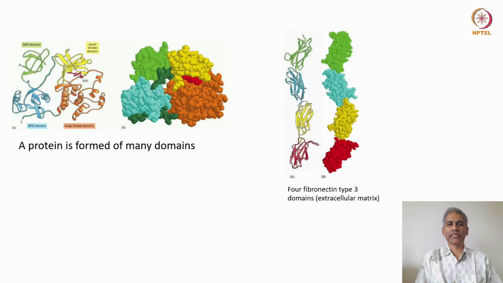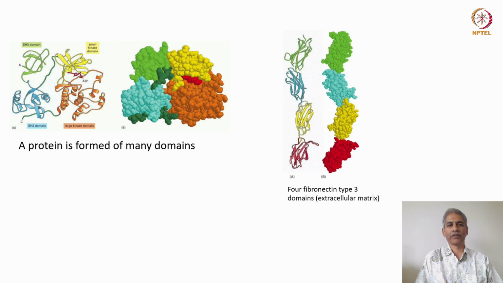So going into just a little bit of detail about the tertiary structure of a protein. We can think about the tertiary structure as being built up of many smaller domains. And so each of these domains can have its own particular structure. So shown here is a protein called a kinase, and it is made up of 4 domains.